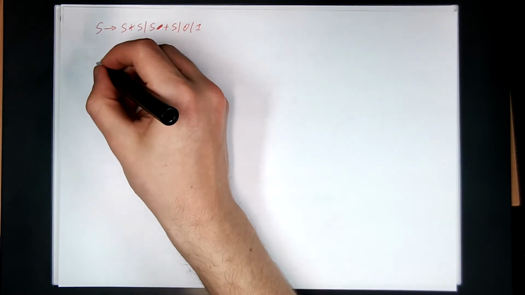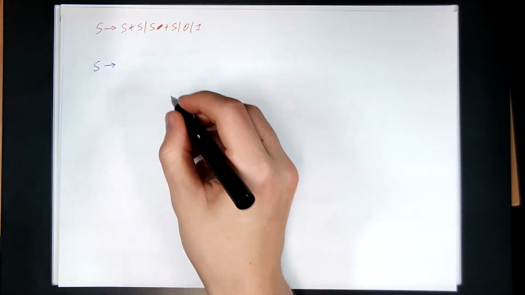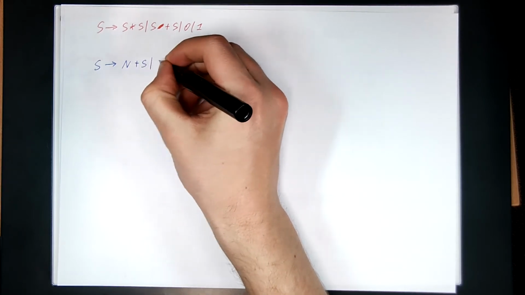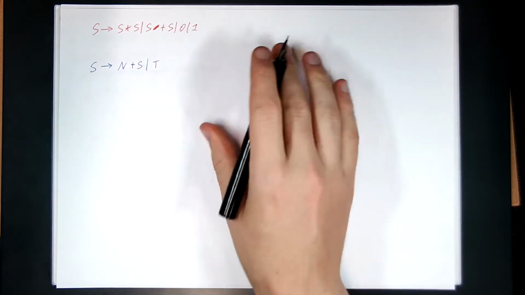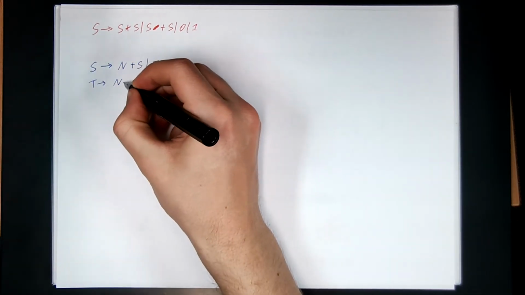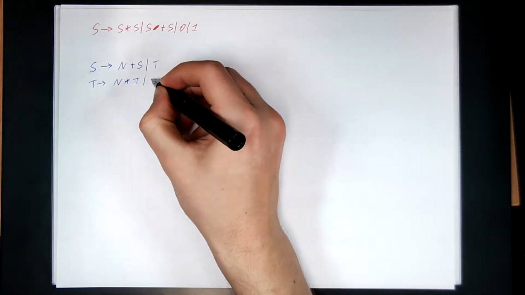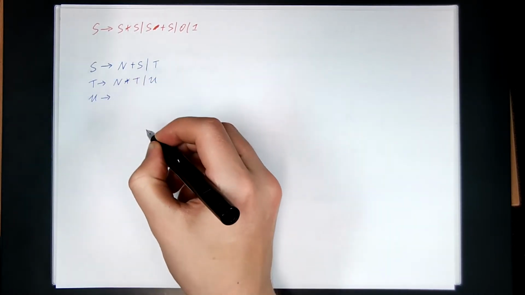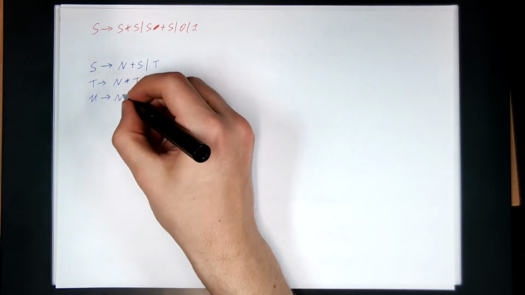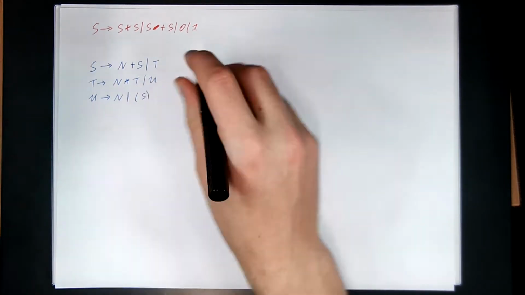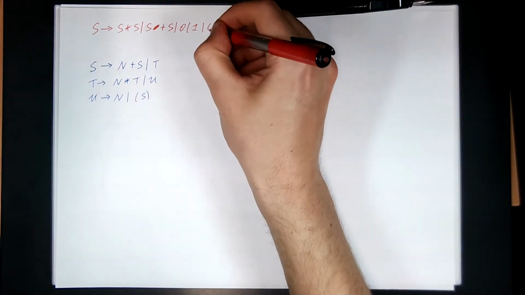So for example, we can have S goes to some number plus S, or the next layer T, and then T will go to some number times T, or the next layer U, and then U can only go to either a number, or it can go back to the top, but forced to be in parentheses. I can include brackets.